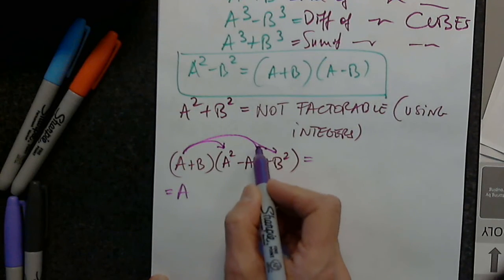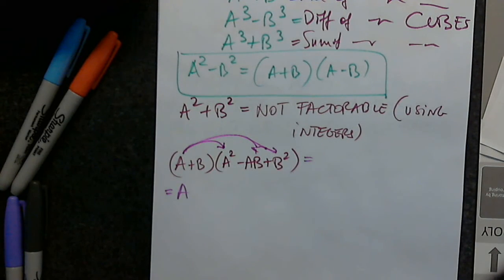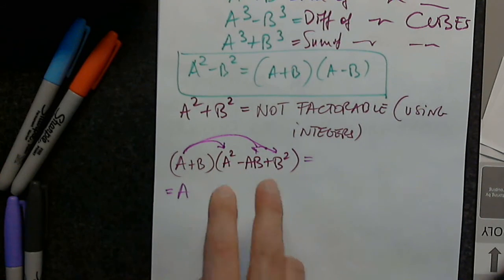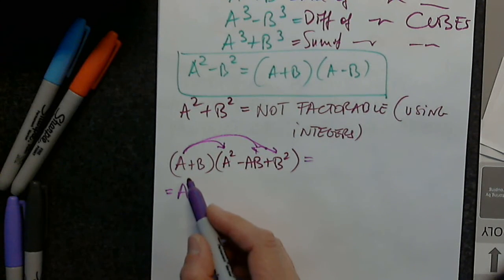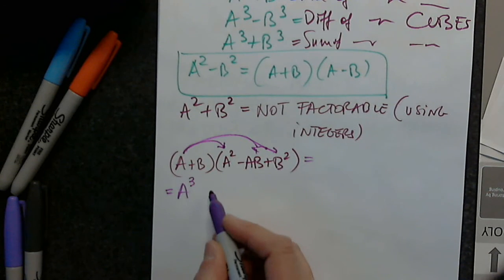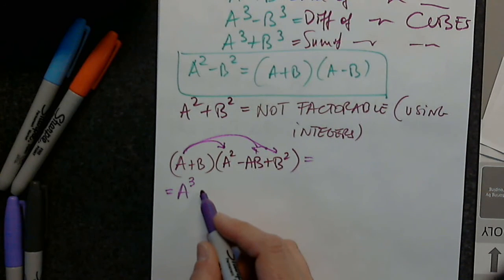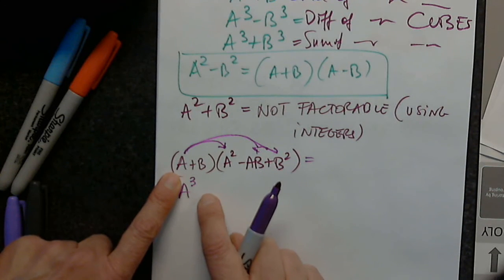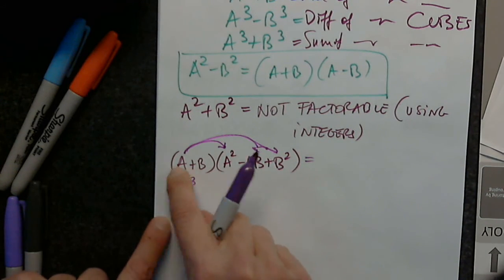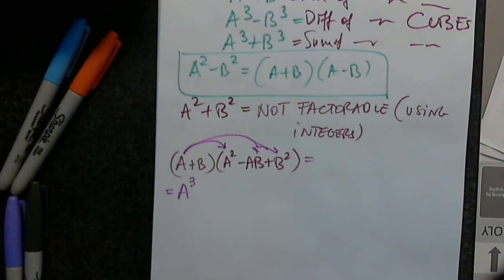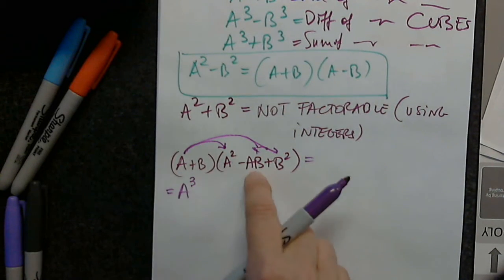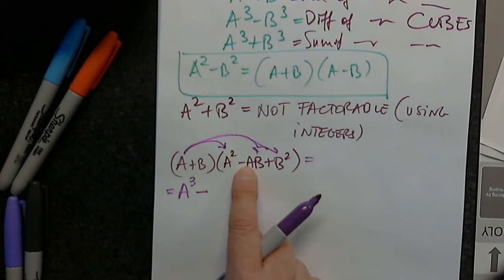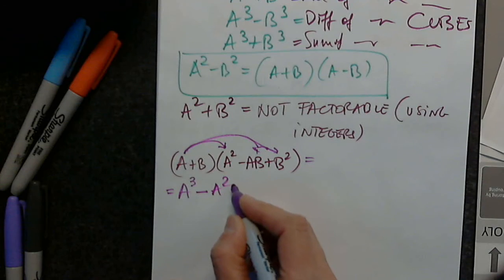Are we using FOIL or are we not using FOIL? That's why I said, how do we multiply a binomial by a trinomial? That would be A times A squared. And then it would be A times minus AB. So I have to write the symbol first: I multiply the plus by the minus. So first the sign. A times AB, which would be A squared B.